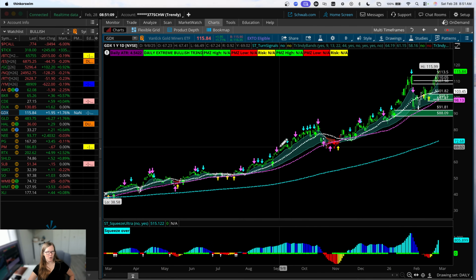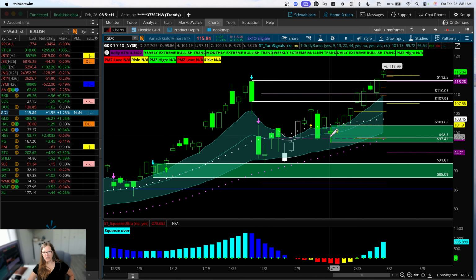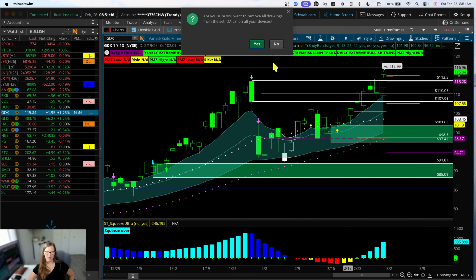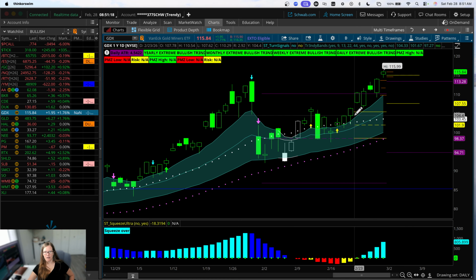After Freeport is gold, GDX, gold miners. Let's go ahead and clear this drawing set here and just look at this extremely bullish move with no pullback, really. I mean, does this candle close lower than it opened? Yes, but it still closed above the previous candle.